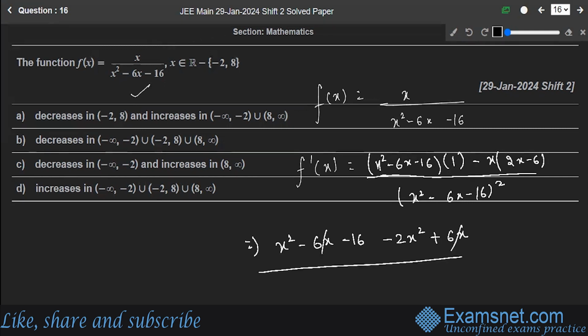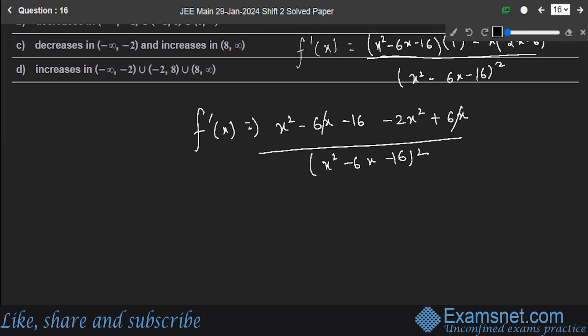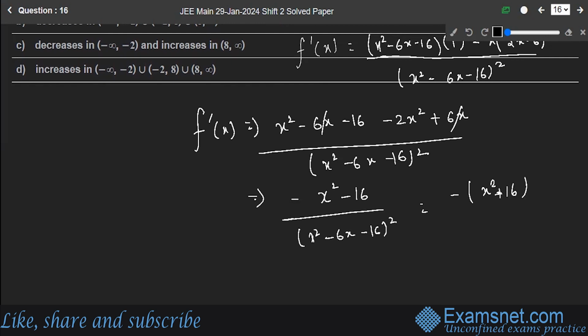This cancels and is divided by this thing. Okay, this is your f dash x and you will have minus x squared minus 16 upon this whole thing. Minus taking common, plus inside x square minus, this whole square. Now, this is negative and this is square. So that means this f dash x is negative, right?